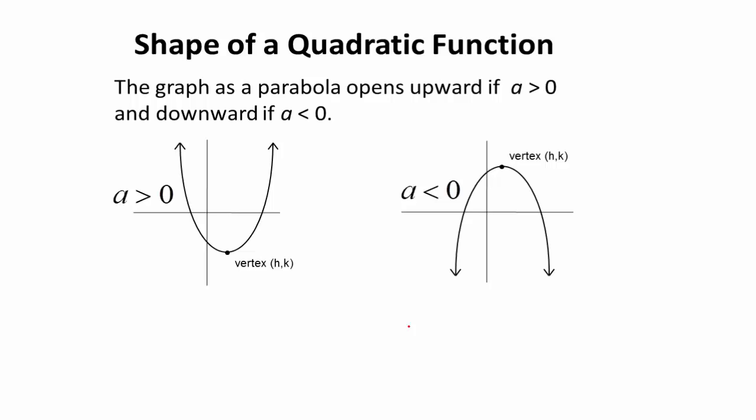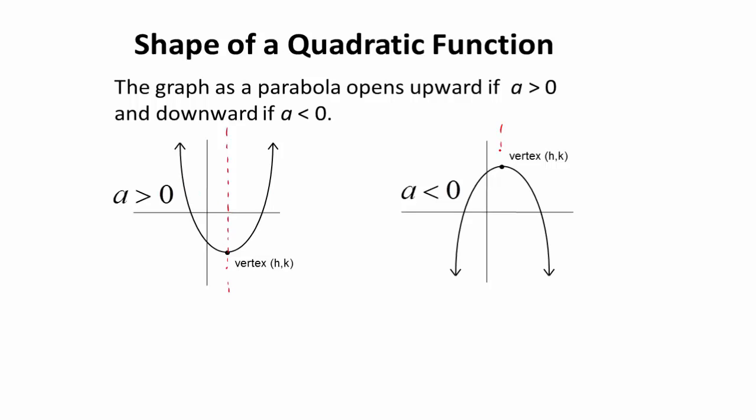So here's the shape, and like we said, when a is positive, then you have a minimum vertex occurring there, and if a is negative, then you have a maximum for the vertex. So what is the vertex? If you draw a vertical line through the vertex, it divides the graph of the parabola symmetrically.